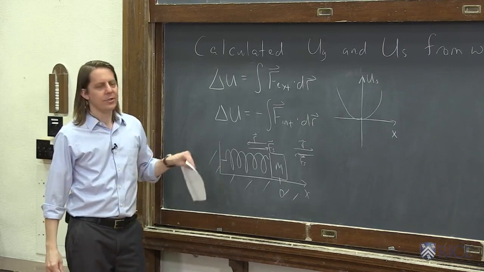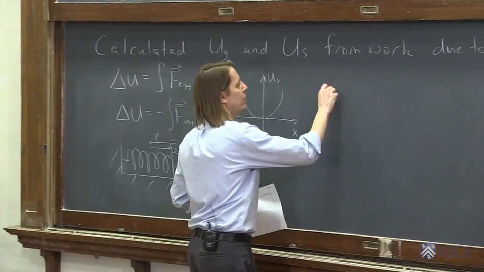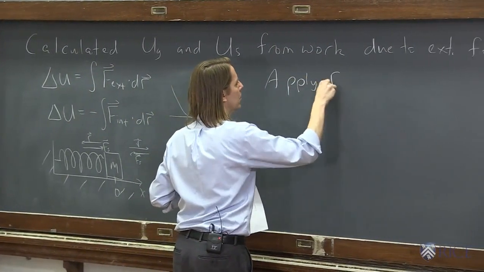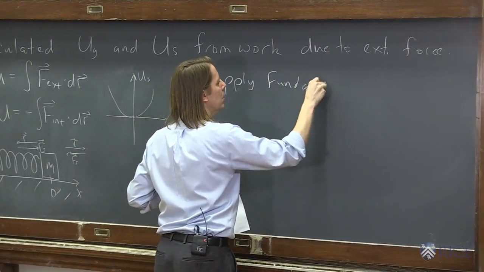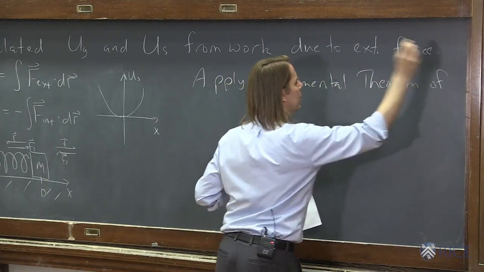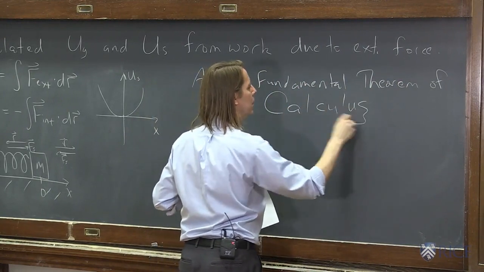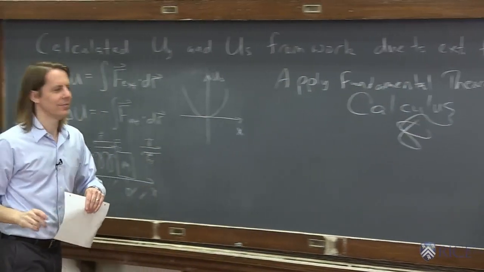So the potential energy. We can get something else from this, though. We can apply the fundamental theorem of calculus. I'll try to write all fancy. That didn't go well. Okay.